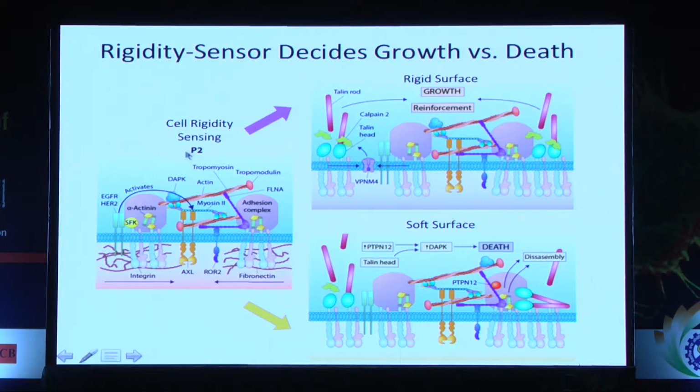As I say in my title, the rigidity sensor will activate growth on a rigid surface through the production of the talin rod and by calpain cleavage. On the soft surface, and this is now work that's just being written up, it seems the talin head is involved with PTPN12 or PTP-PEST in activating death-associated protein kinase to cause death.